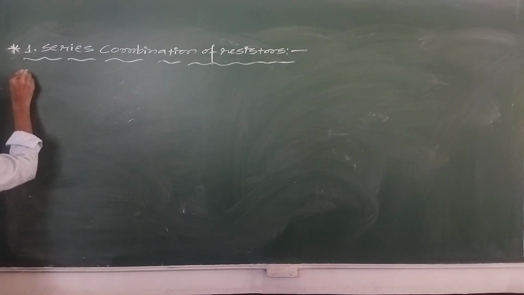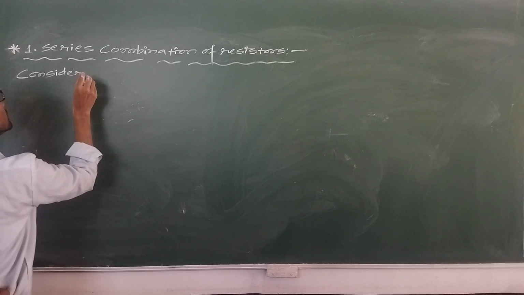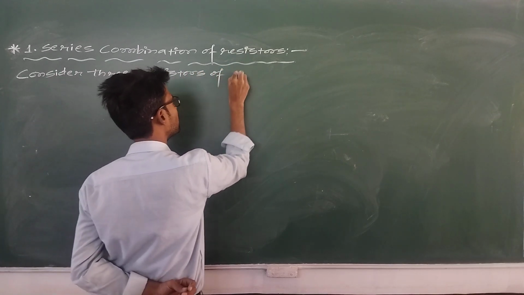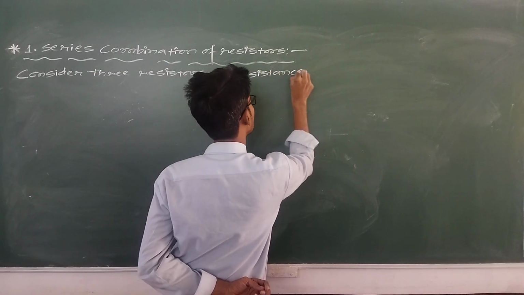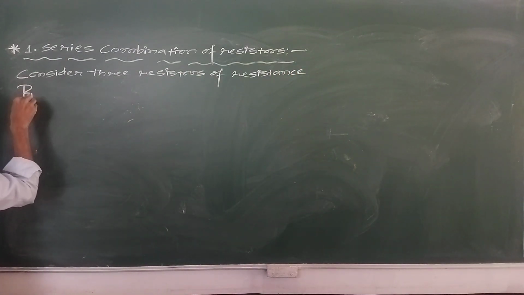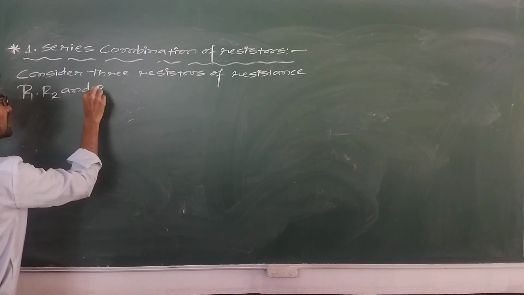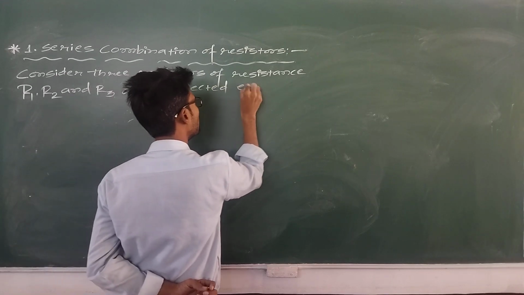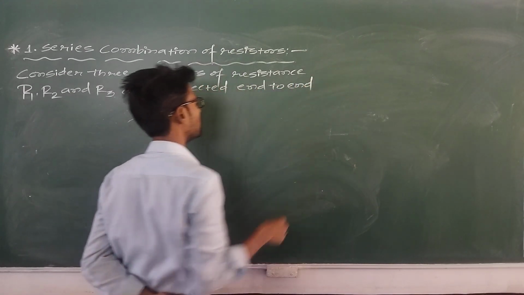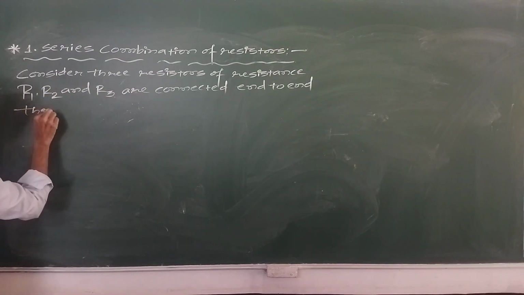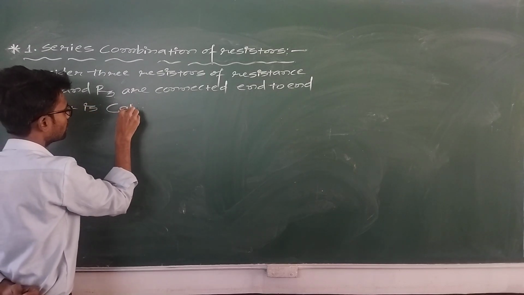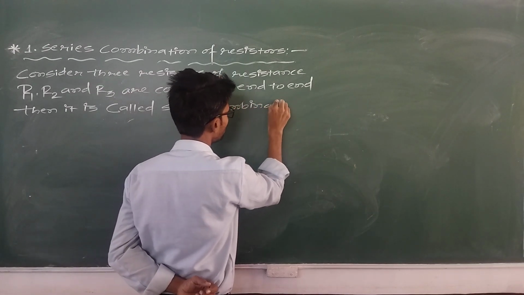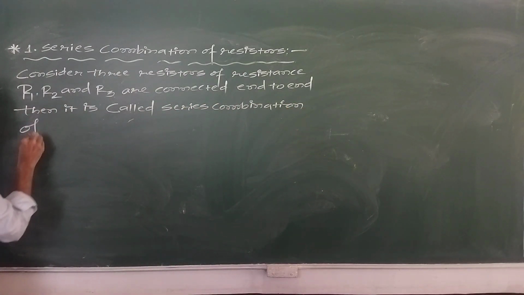So I will write here: consider three resistors of resistance R1, R2 and R3 connected end to end, then it is called a series combination of resistors.